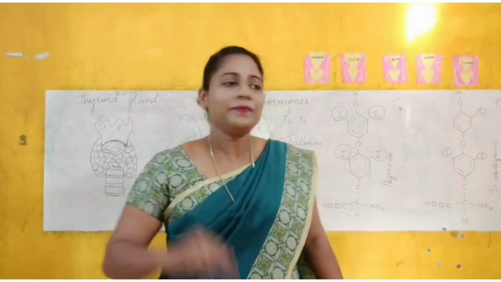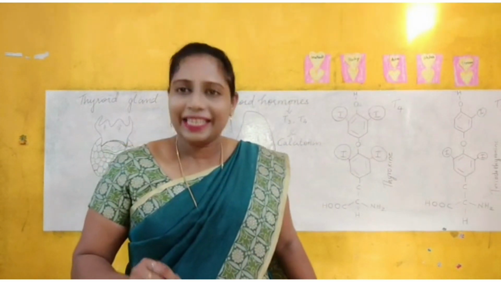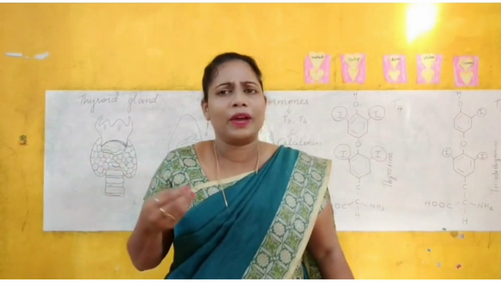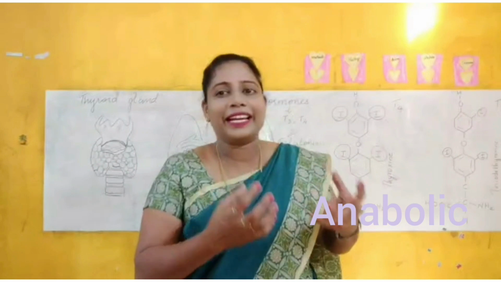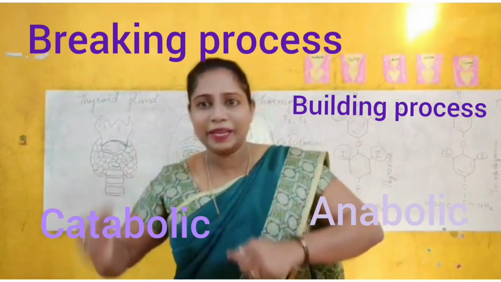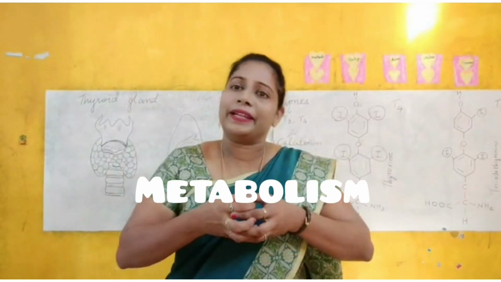What is basal metabolic rate? Every cell is doing some activity. There is some kind of anabolic activity, some kind of catabolic activity, some building process, some breaking process. All this collectively together we call metabolism.